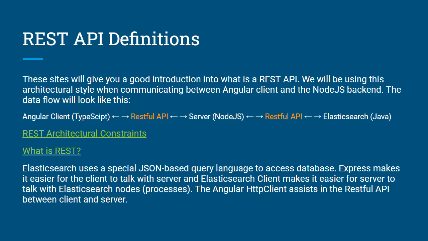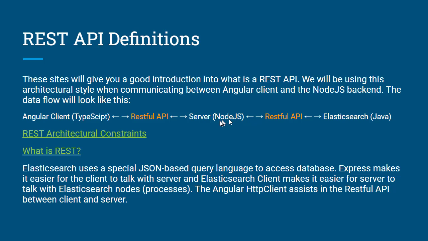Basically, my architecture is going to be as follows. On the front end side, on this far left side, we're going to have our Angular code, which is all in TypeScript. There's going to be a module I'm going to be using called HTTP client, and it's going to make RESTful API calls to the server, which we're going to create in this video.